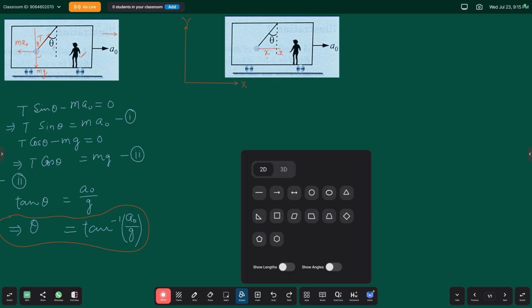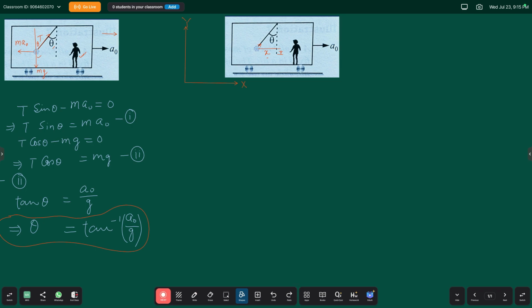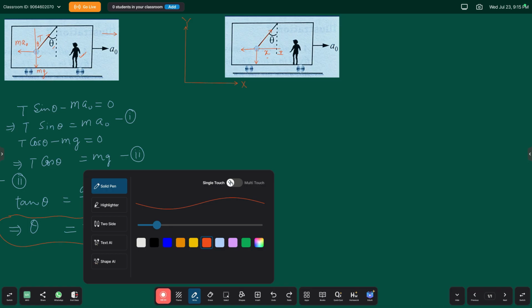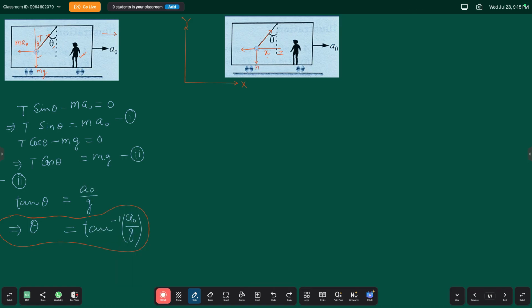Which forces are acting on it in this state? Tension force, gravitational force, pseudo force, because you are observing from the trolley.